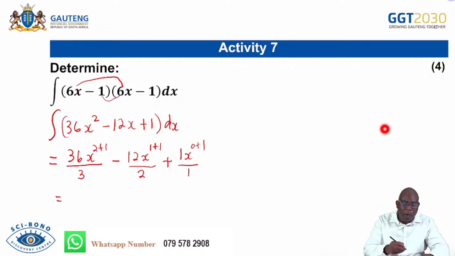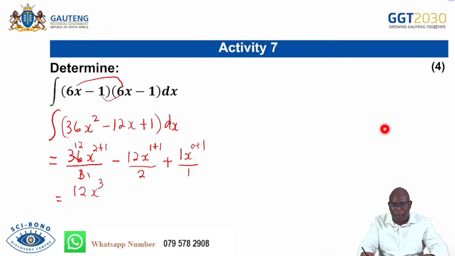So I'm doing it step by step because when we've practiced a lot, we'll be able to do it without writing that step that I've written. So therefore 3 into 36 goes 12 times. So I'm going to have 12x to the power of 3. You'll see when I differentiate, 3 times 12 is 36.